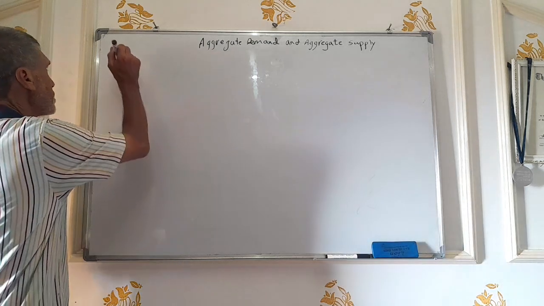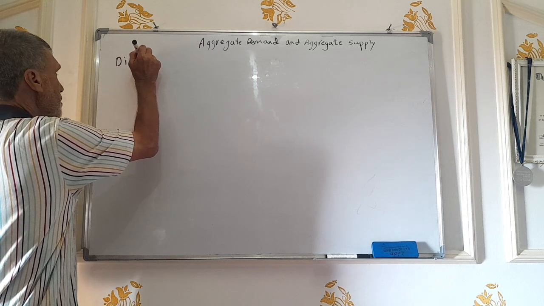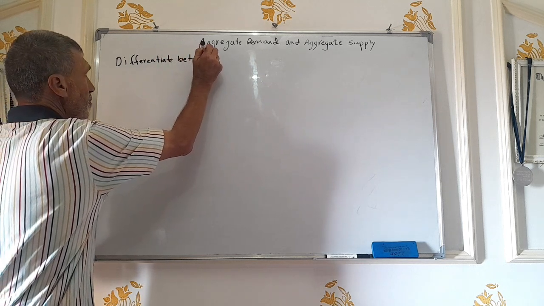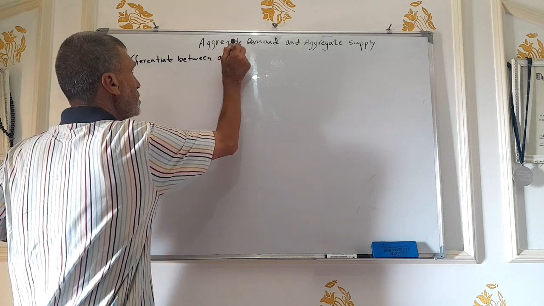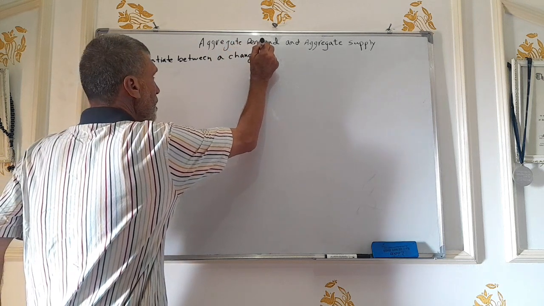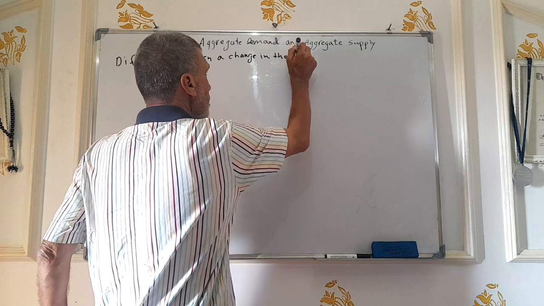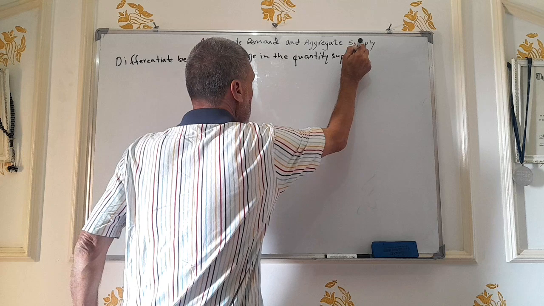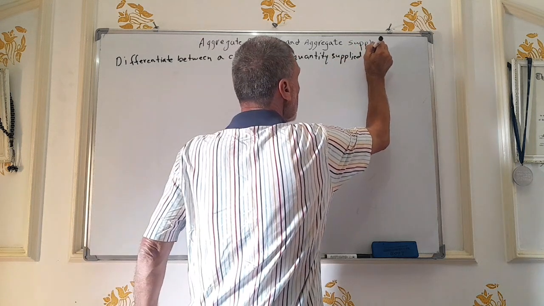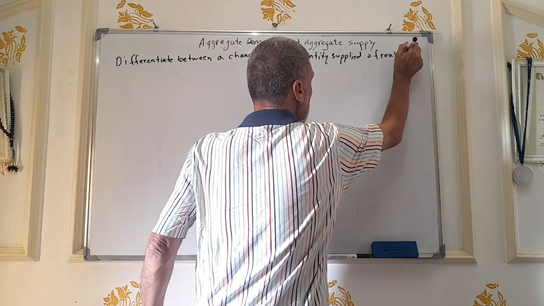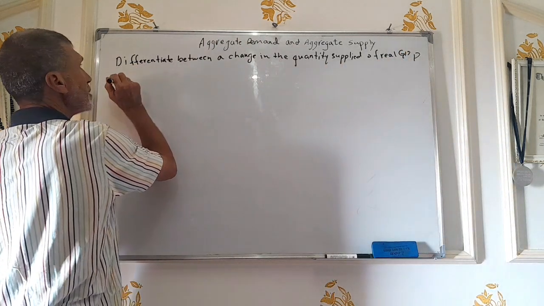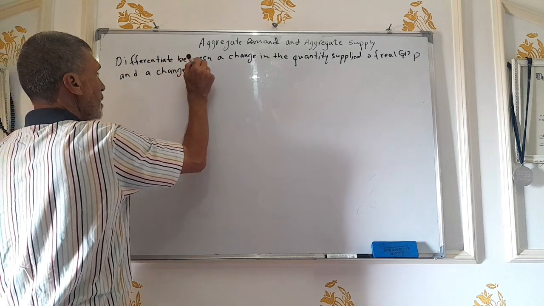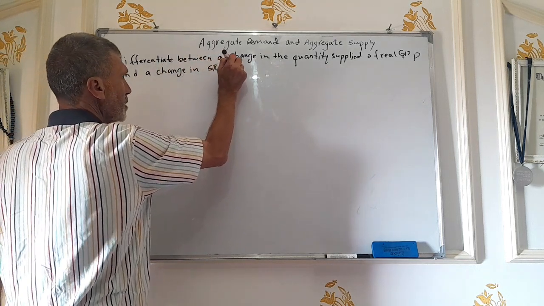Okay, here differentiate between a change in the quantity supplied of real GDP and a change in short-run aggregate supply.